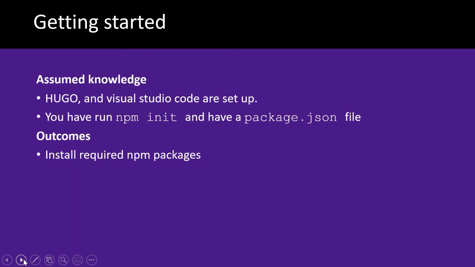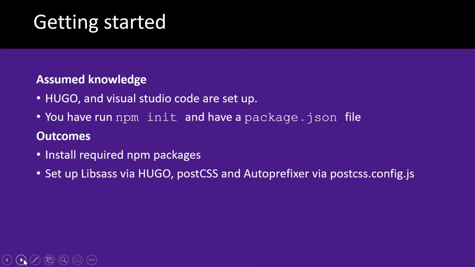The outcomes from today's video: you'll be able to install required npm packages to run Hugo with Autoprefixer. You'll be able to set up libsass via Hugo config, and you'll be able to set up postcss and Autoprefixer via postcss.config.js. You'll be able to configure Bootstrap 5 SCSS imports.